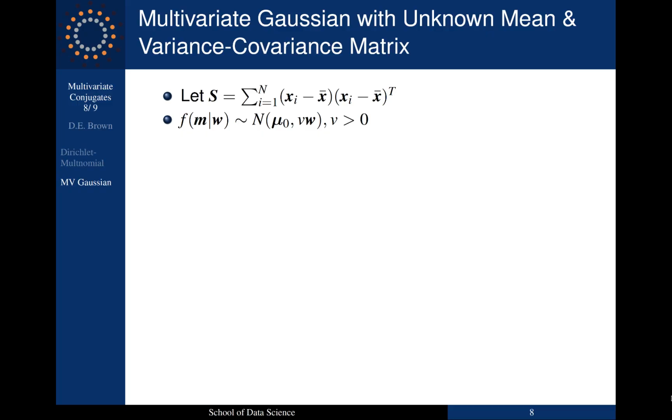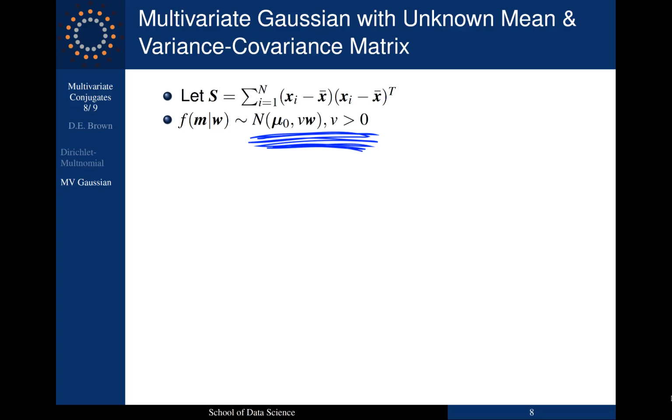This again is a straightforward extension to what we did in the univariate case, except that now we have a multivariate Gaussian likelihood instead of a univariate Gaussian, which means that our Gaussian has a mean vector for a prior parameter, and that's mu naught, and it has a precision parameter, which is given by nu, which is a scalar, times the precision matrix, which is given by the bold W.